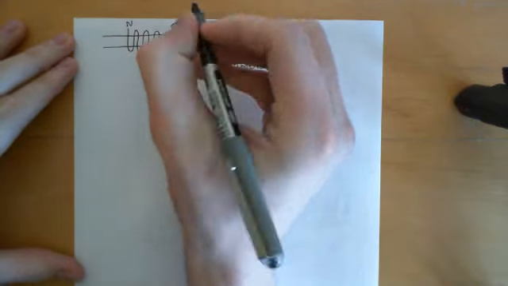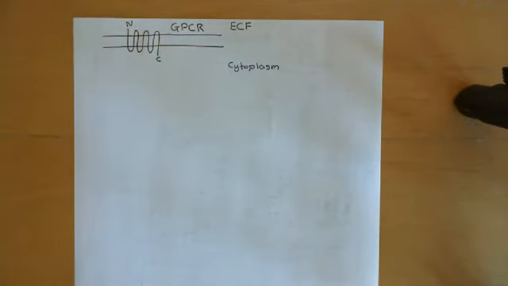Now, G-protein coupled receptors activate heterotrimeric G-proteins once they have been activated, and different G-protein coupled receptors activate different heterotrimeric G-proteins.